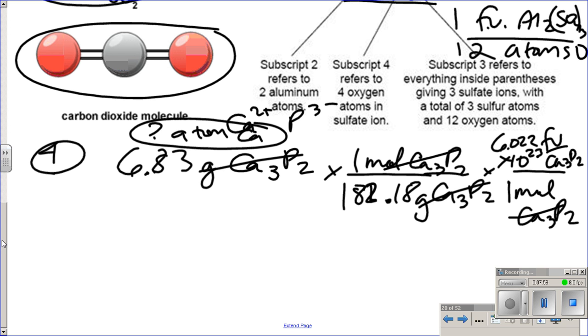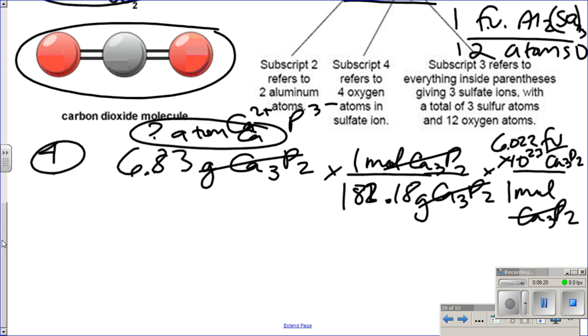If I had to draw out calcium phosphide, I would have Ca2+ 3 times and phosphorus 3- 2 times. This is what a formula unit of calcium phosphide looks like, but in a prettier structure, like a lattice structure, right? So that's what that formula unit looks like.